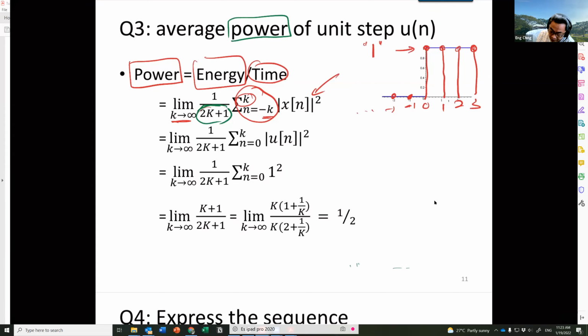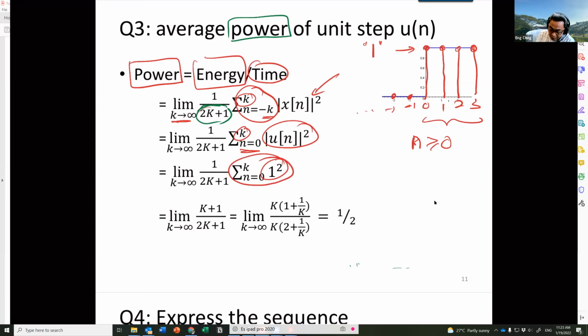That's the idea. Now, because we know that the unit step happens only for n greater than or equal to 0, therefore I'm only summing from n equals 0 to k, changing my limits. Right, I'm summing the squared value, and the value for each step is 1. So 1 squared is still 1.